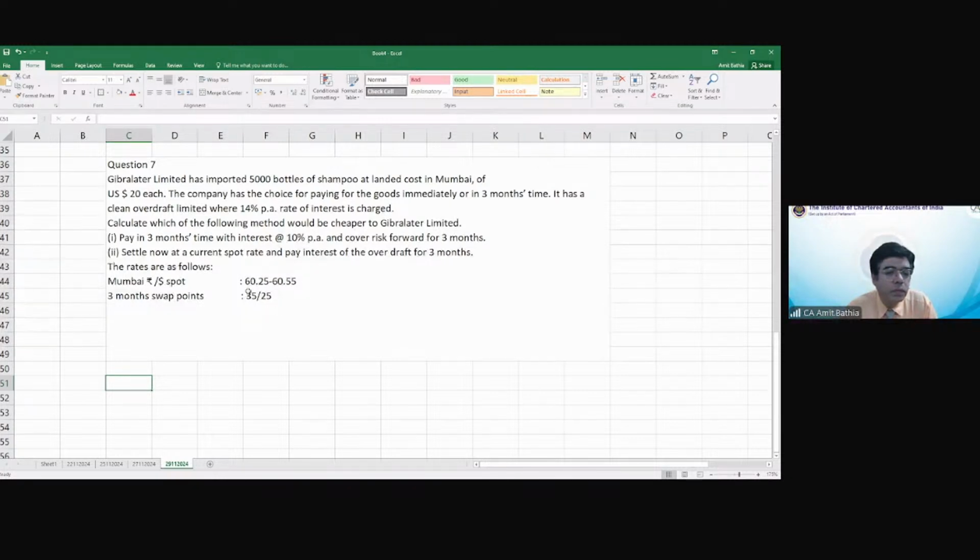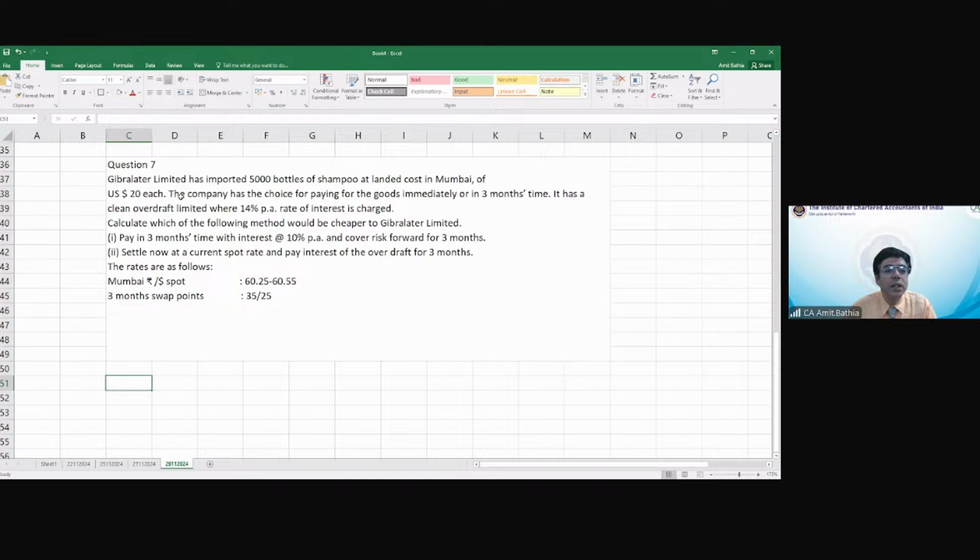Points are given like the first point is higher and the second one is lower. Exactly. It is numerator upon denominator, and wherever you have the first point higher than the second, it essentially means that it is a discount and not premium. Had it been the other way around, 25/35, then it would have been premium, right?